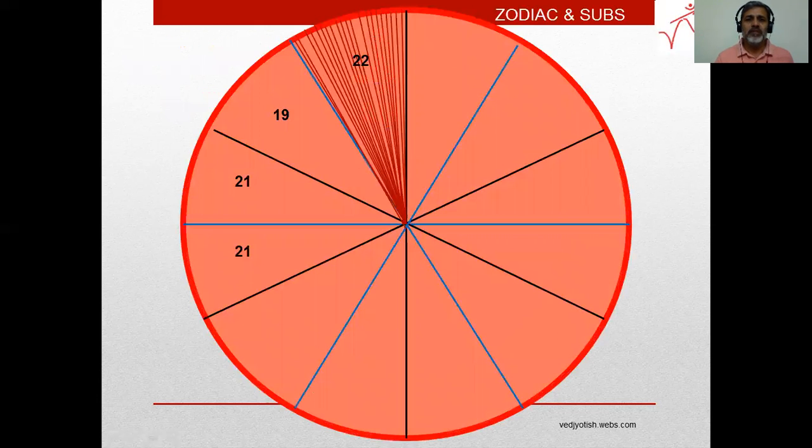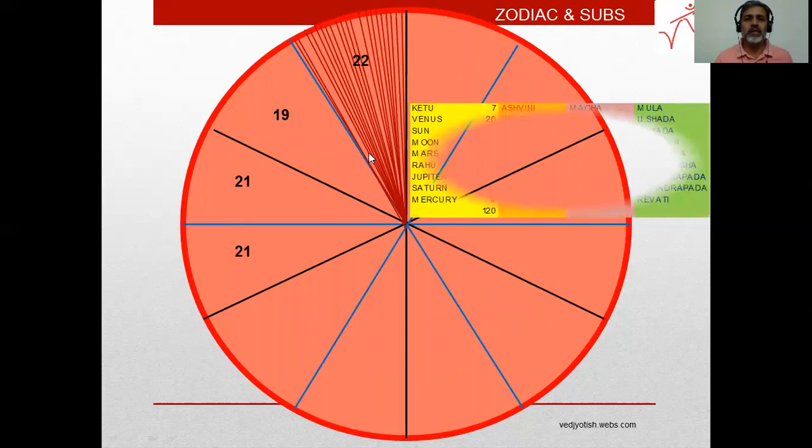Now, if we divide the signs into the subs, we get 22 subs in the sign of Aries, 19 in the sign of Taurus, and likewise 21 each in the sign of Gemini and Cancer. So if we total up these 4, we get a total of 83. Now this is in the span of 120 degrees, that is the first Gandanta.